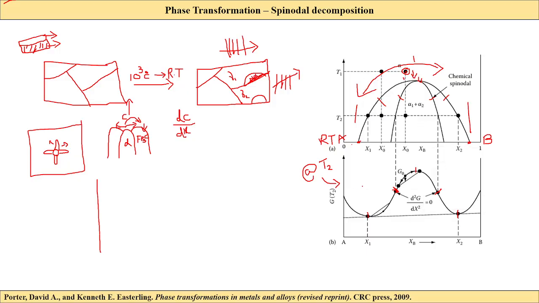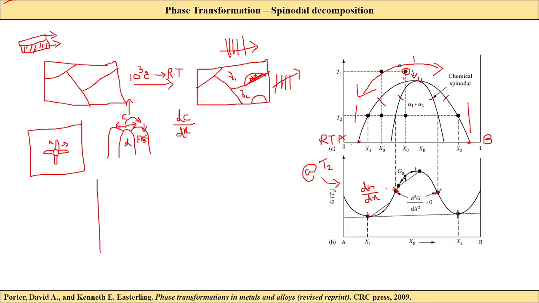So here what exactly is happening is the dG upon dx will change its sign, right? So the dG upon dx will continuously change from positive to negative. So that's why the double derivative will either show negative or will show positive.